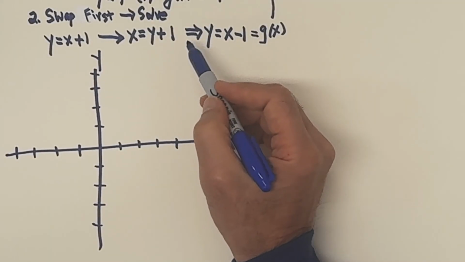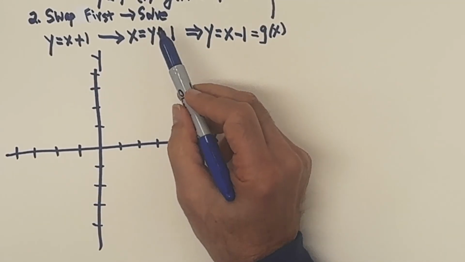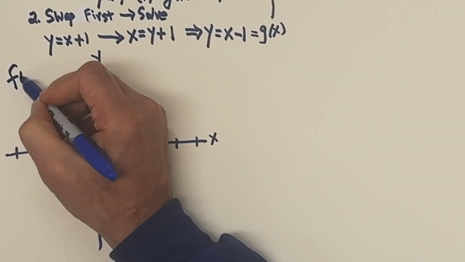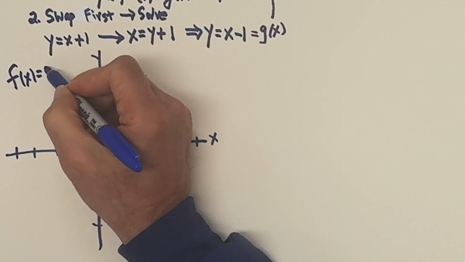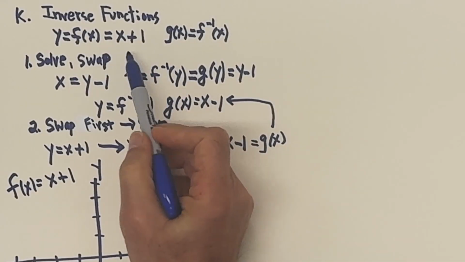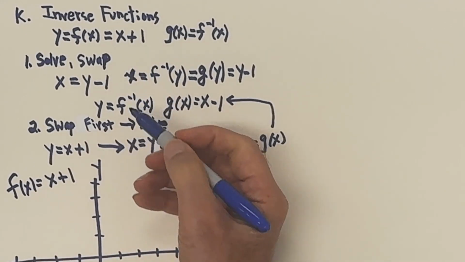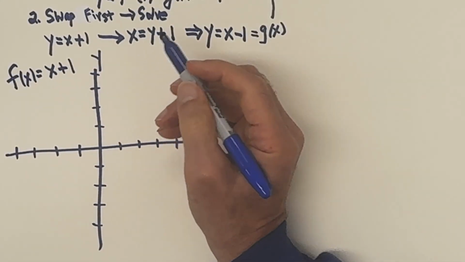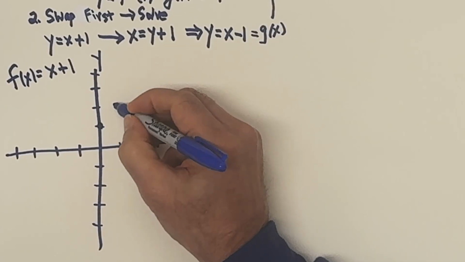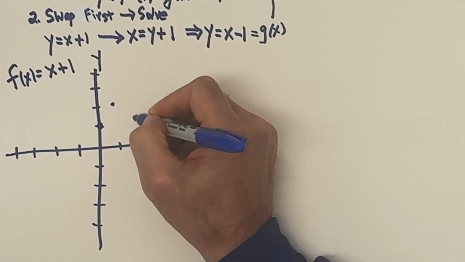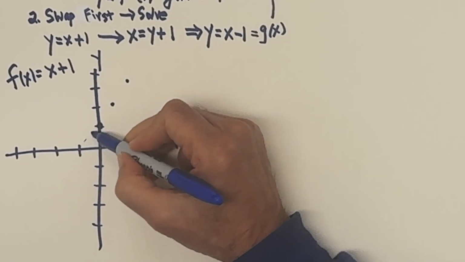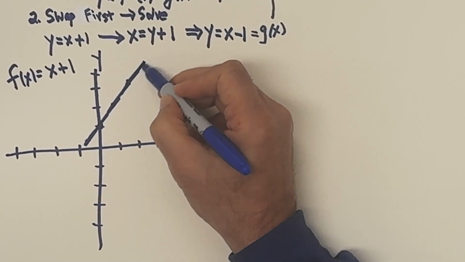So the function f of x, which is our original function, f of x is x plus 1. All right, that's up here, at x plus 1. So that would be applied if x is 0, you'd have a 1. And if x is 1, you'd have a 2. If x is 2, you'd have a 3. So you'd basically have this sort of a graph going like this.